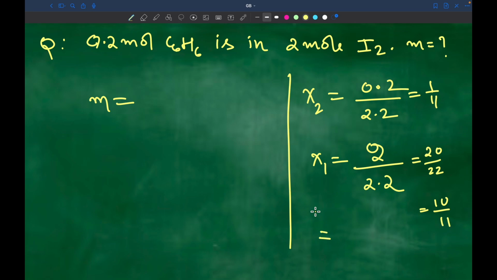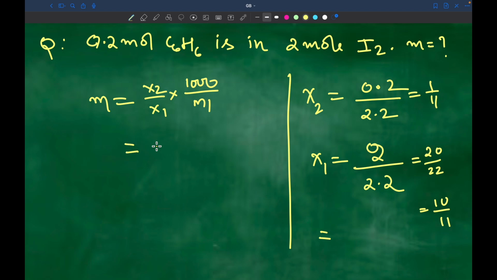So the formula is x2 by x1 into 1000 by m1.